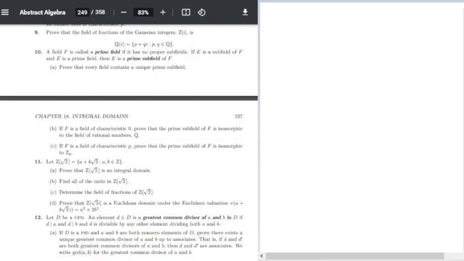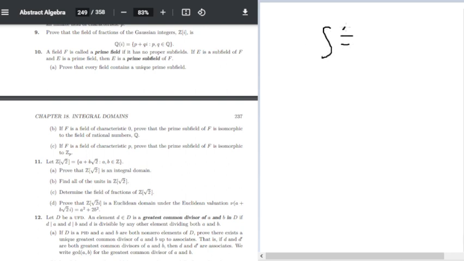So from here, if E is a subfield of F and E is a prime field, we have a unique prime subfield. So the prime subfield is isomorphic to Q, because if it's of characteristic 0, we basically have what that S is.